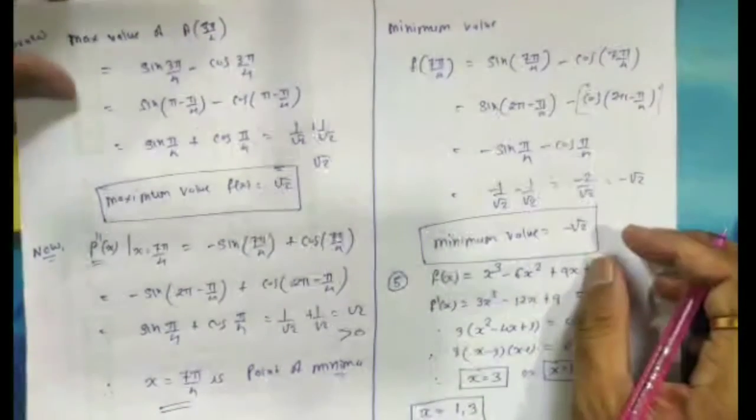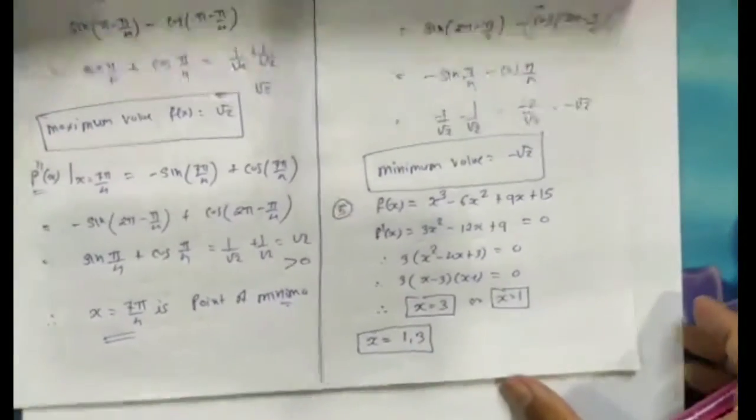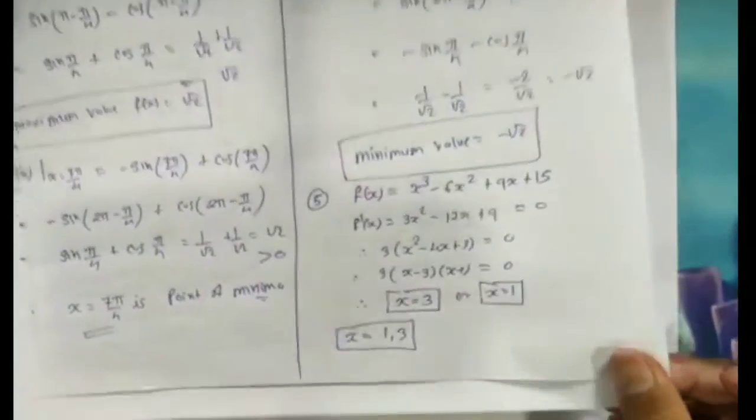Now we have to identify these two critical points, whether they are point of maxima or point of minima. So for that we have to use the second order derivative test, and we have to check the sign of second order derivative at x equal to 1 and 3.